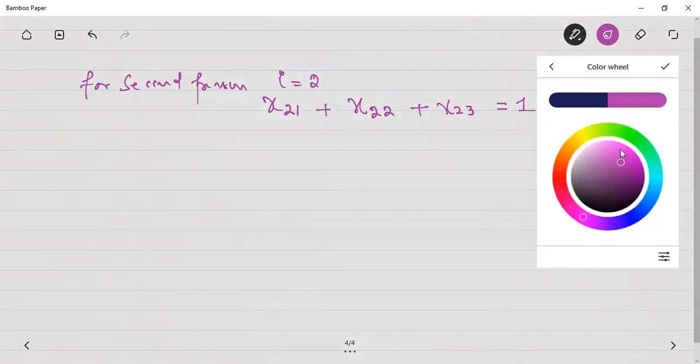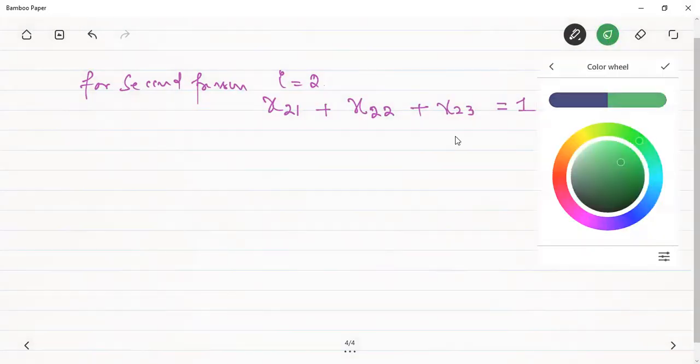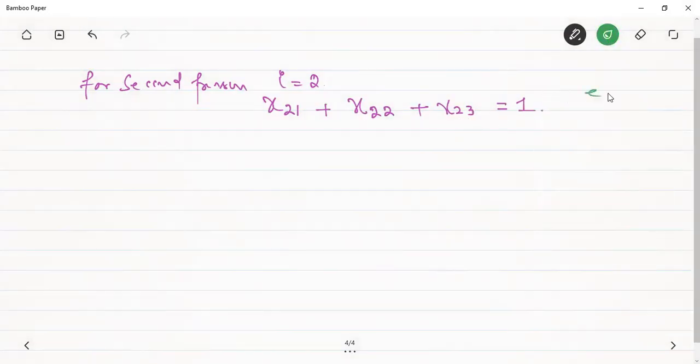Suppose worker 2 has been assigned job 3, then we can say that x23 will be equal to 1 and x22 will be equal to 0. This will again be 0 because the second worker has neither been assigned job number 1 nor job number 2, but has been assigned job number 3. Therefore, this should be equal to 1.